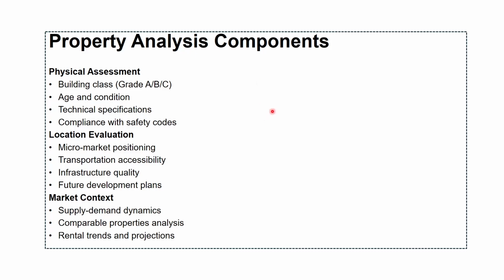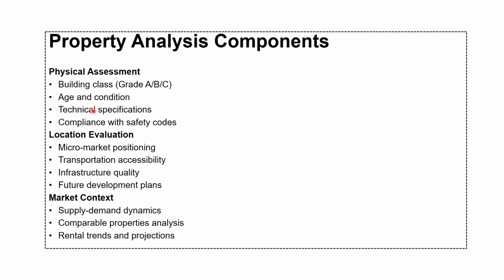Then we have property analysis components. We have building class, grade A, B or C, and the age and condition of that building, how old it is. Then the technical specifications of the building: whether the building is LEED certified, what the headroom is, what the structural frame of that building is.